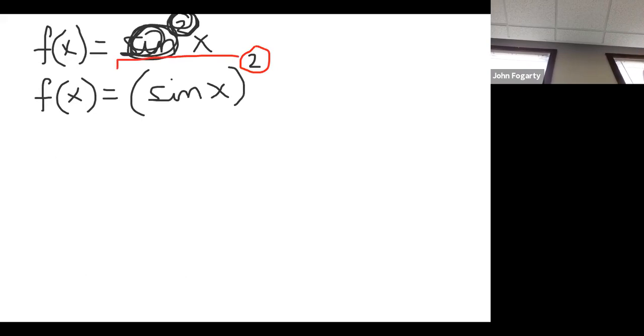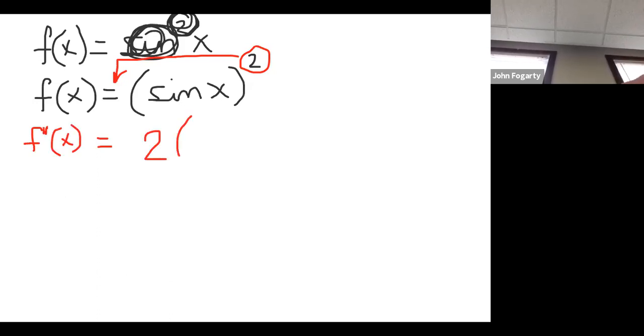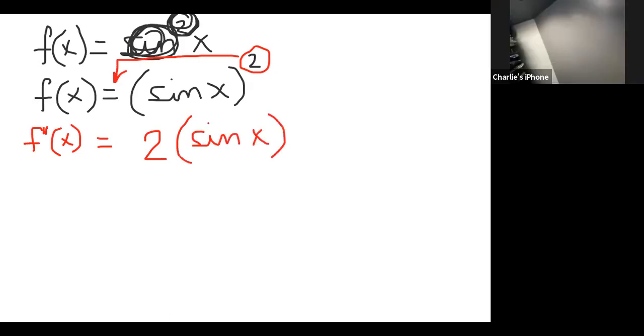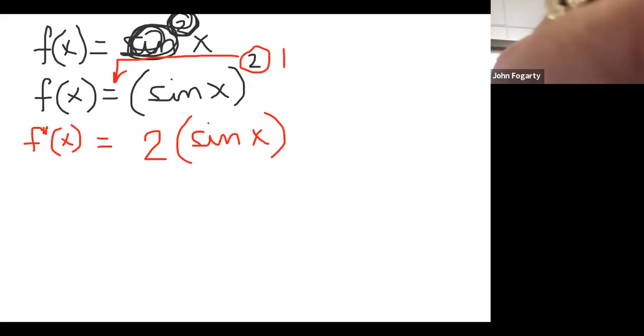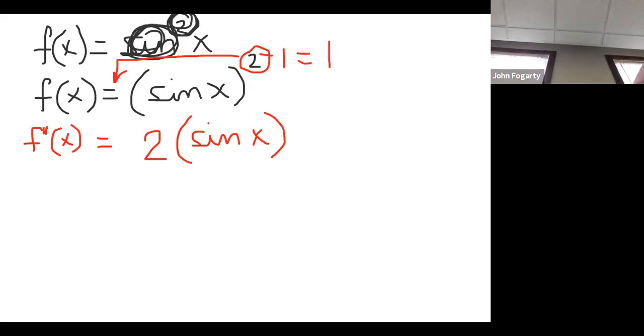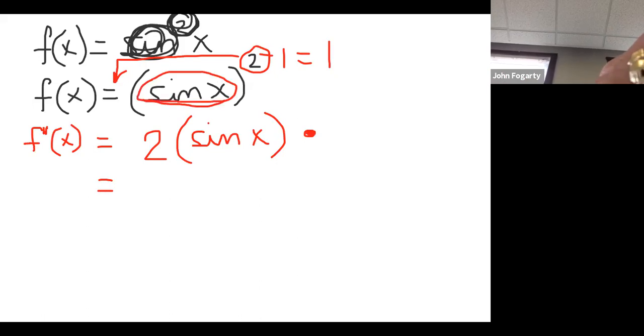So the 2 comes out here, yes? So f prime of x is going to be what? 2 times the sine of x to the what? To the first. 2 minus 1 equals 1, right? So to that I need to multiply the derivative of the inner.